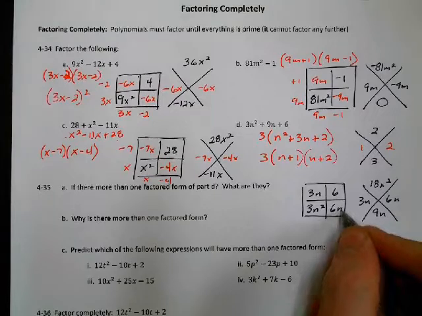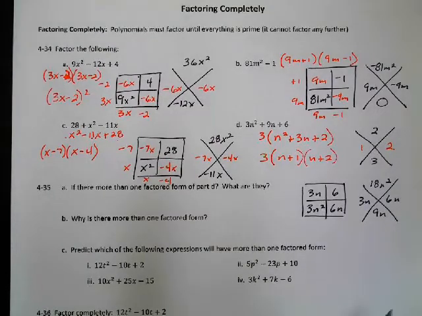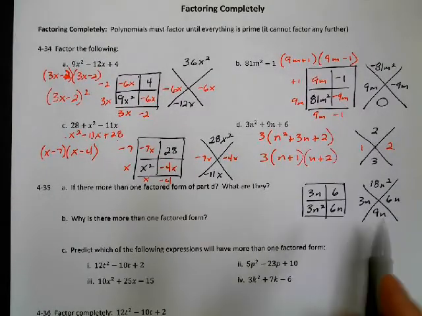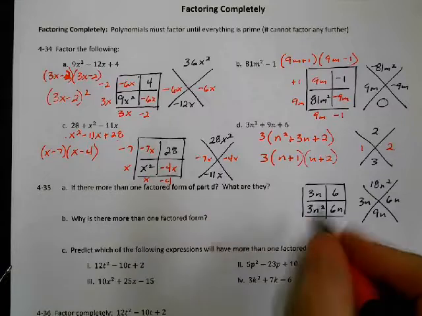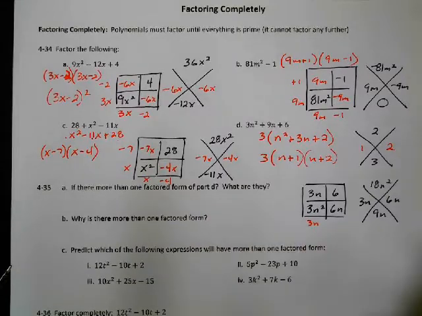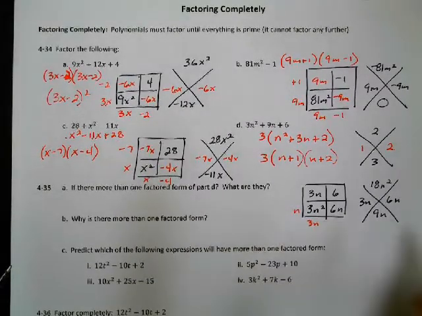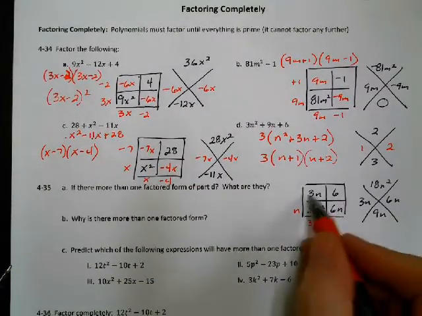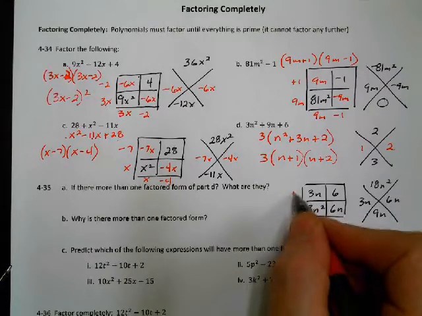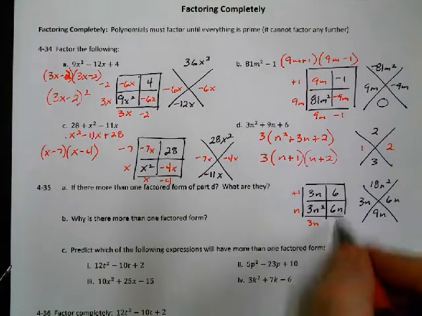And so what they're talking about here is I could do, right here, 3n and n. And then I would get plus 1 up here. And over here, I'd get plus 2.